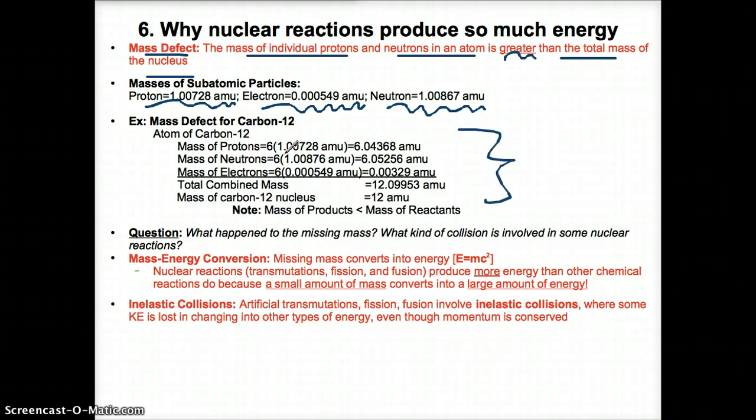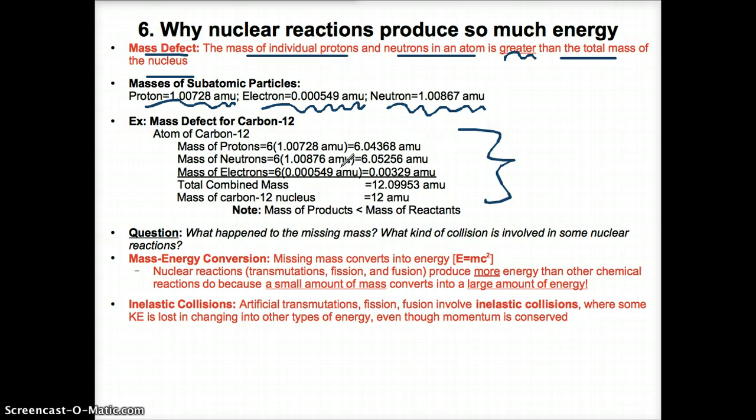Carbon-12 has 6 protons, 6 neutrons, and 6 electrons if you calculate it. If we multiply the mass of each of these subatomic particles, relative to one another, by the number of each in carbon, the mass of protons for carbon-12 is 6 times 1.00728 AMU, which equals 6.04368 AMU.